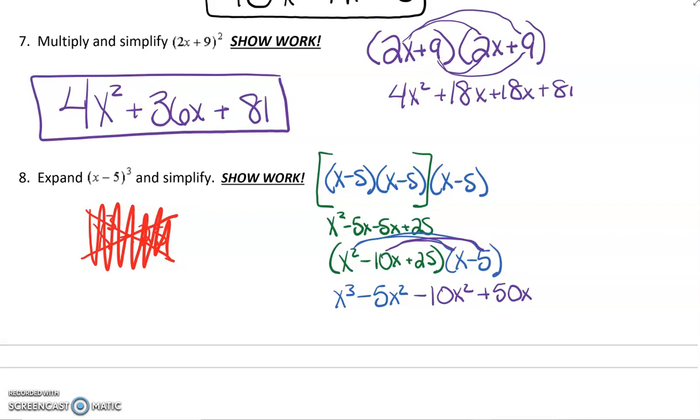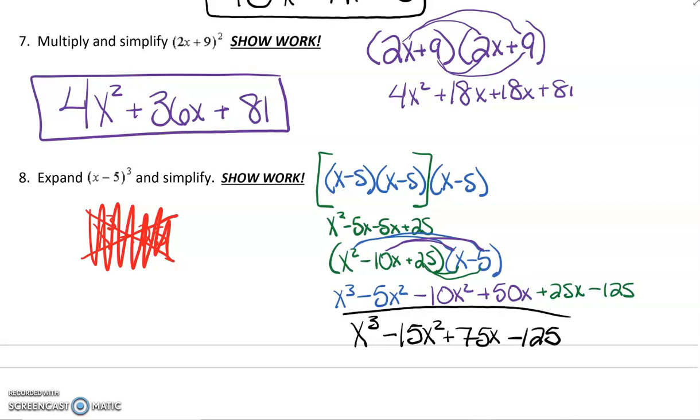Then I have 25 times x is 25x. 25 times negative 5 is negative 125. Combine your like terms. We've got x cubed minus 15x squared plus 75x minus 125.